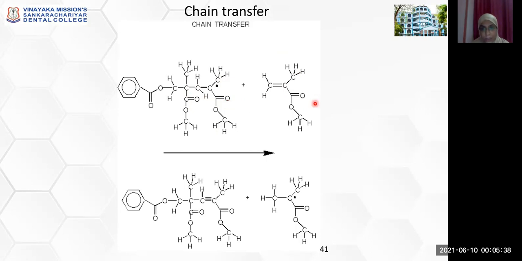They both combine together, form a double bond, and they release a molecule here, the free radical. So this chain is going to stop, and this will become an active site for initiation of the next polymerization reaction.